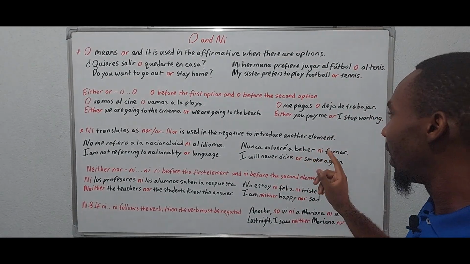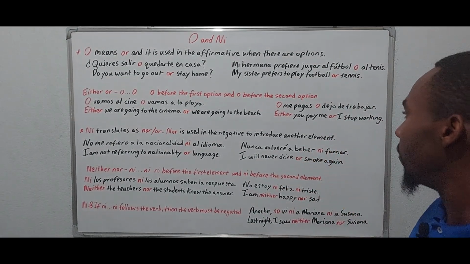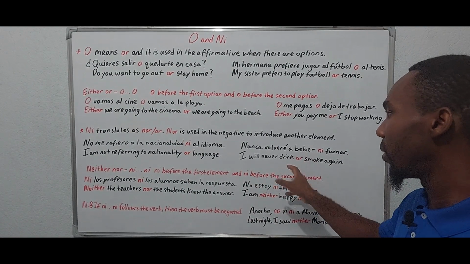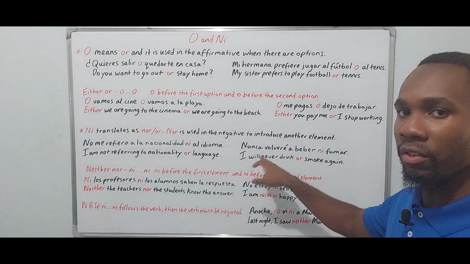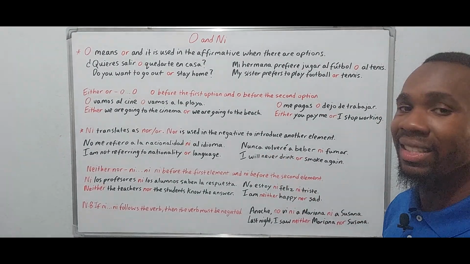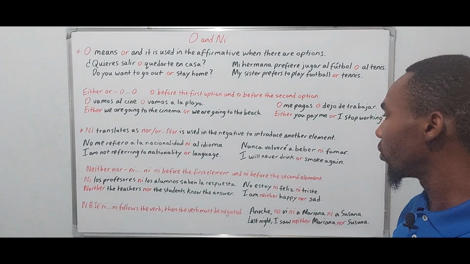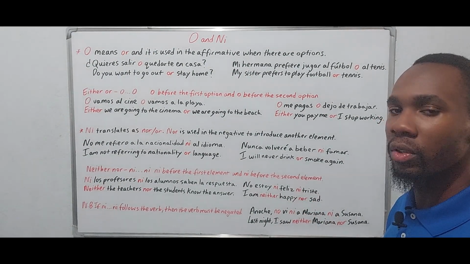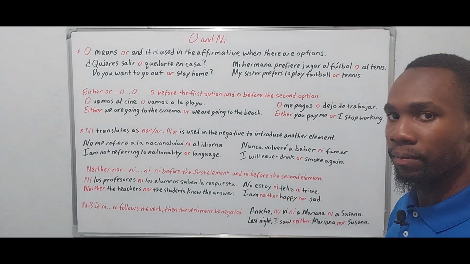Nunca volveré a beber ni fumar. I will never drink or smoke again. Same thing, we use or because the verb is already negated. So we don't say I will never drink nor smoke again. It sounds a little awkward, but you can use or here.